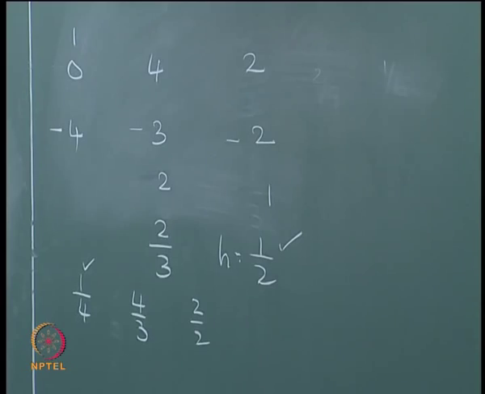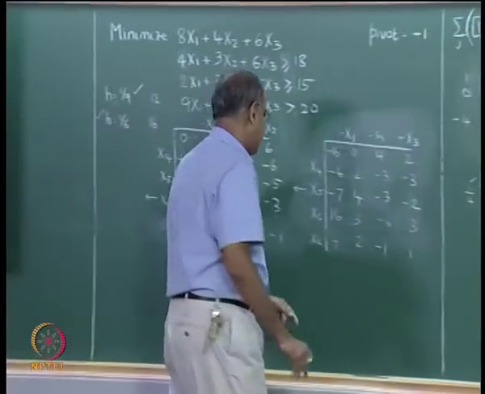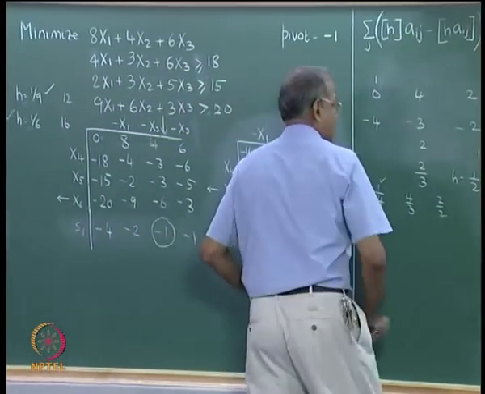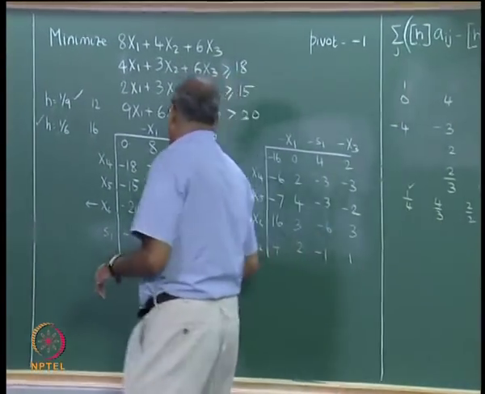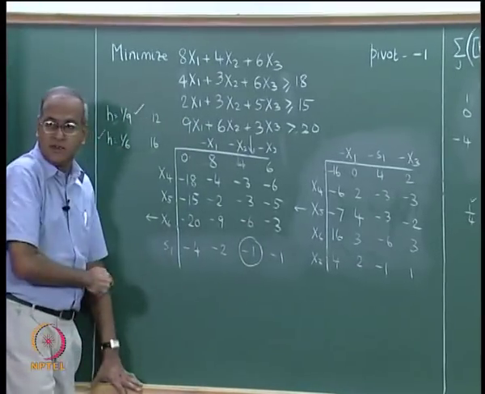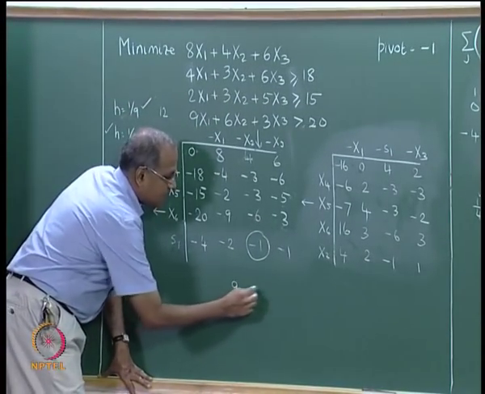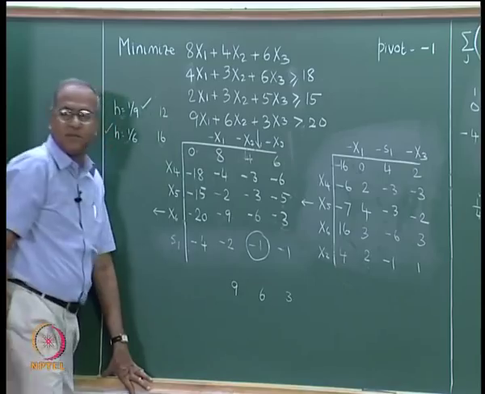It is also not very difficult to understand that we are actually not making a mistake. If you see carefully, when we did the very first iteration, once again let me go back and explain. When we did the very first iteration, the values are 9, 6 and 3.